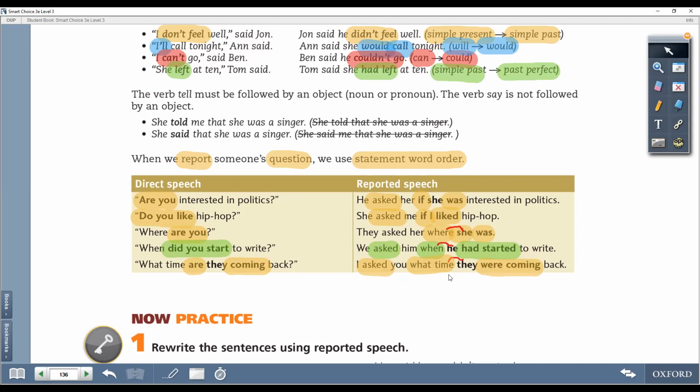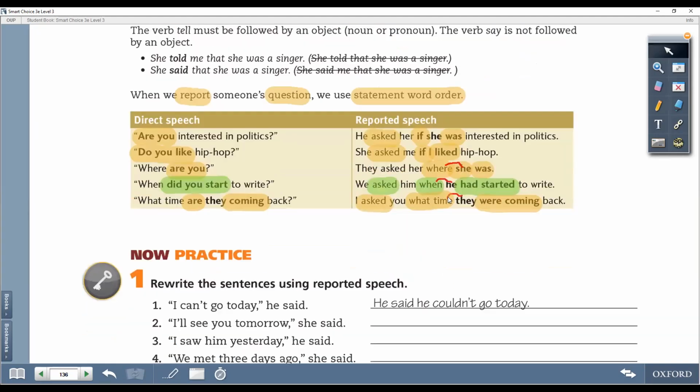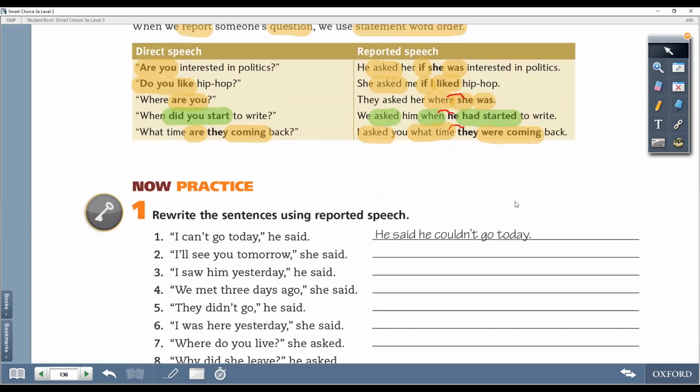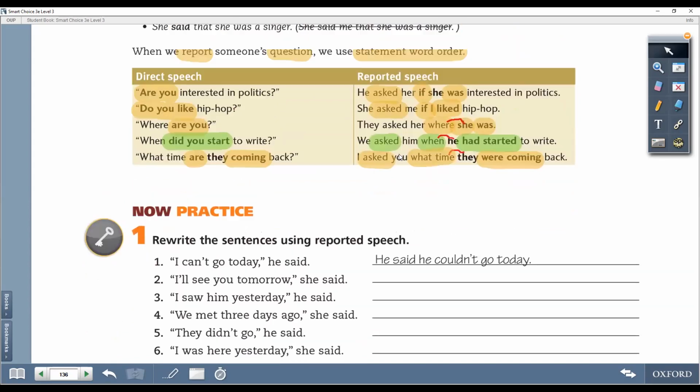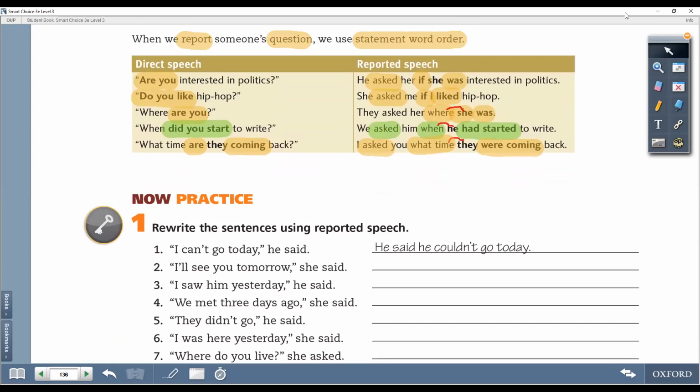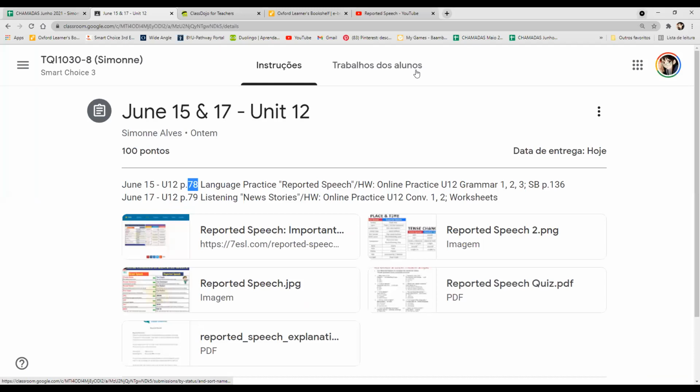Okay, guys. So for homework, do this exercise here on page 136, okay? Let me take you to our page on Google Classroom. Let me go there. Just a second. All right, here we go. So what did we learn today, guys?